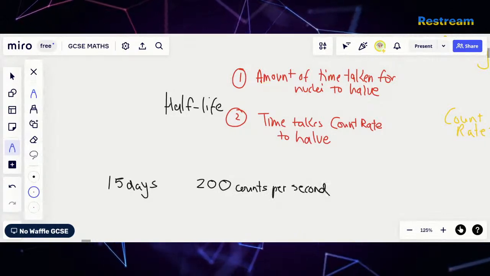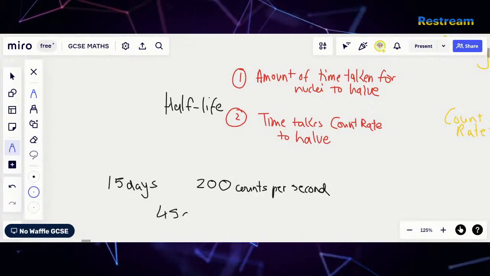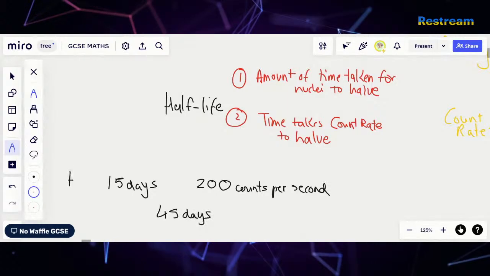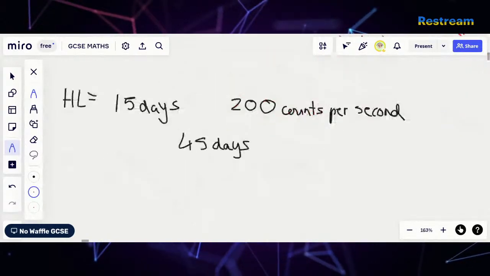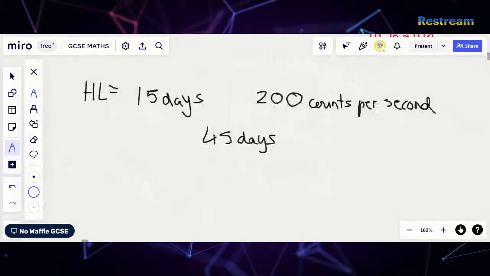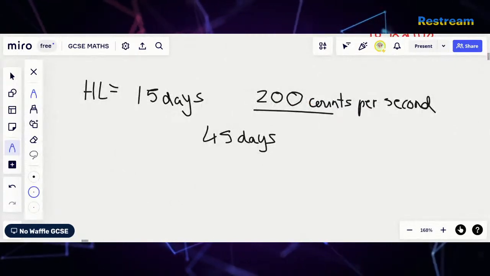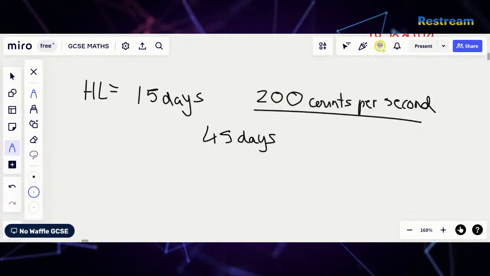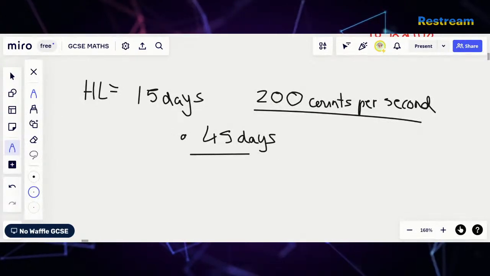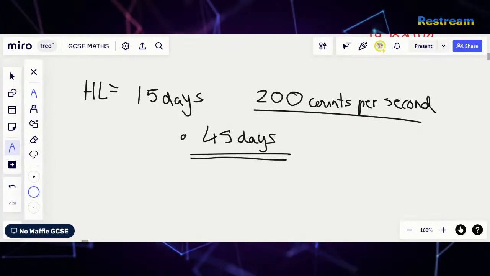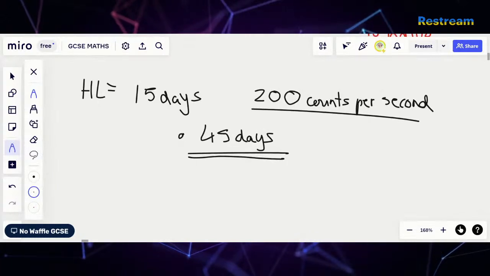Determine the count rate after 45 days. So in this question, we're given the half-life, 15 days. So this is how many days it takes for the count rate to halve. And we're given that it's been 45 days. So we're asked what is the count rate after 45 days?